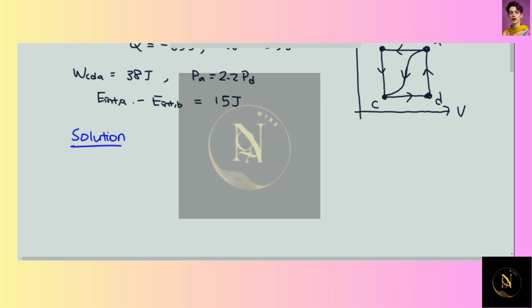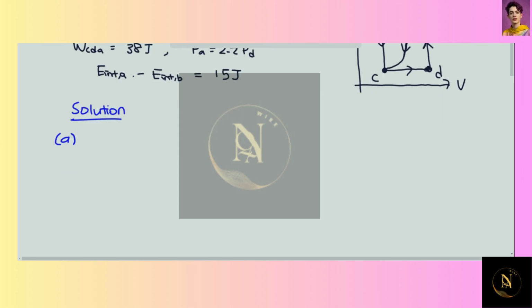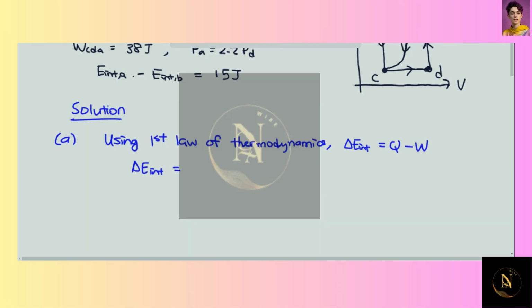In part A, we want to find E internal A minus E internal C. We'll be using the first law of thermodynamics, which says that delta E internal equals Q minus W. And this delta E internal is E internal C minus E internal A, but the question wants us to find the opposite.